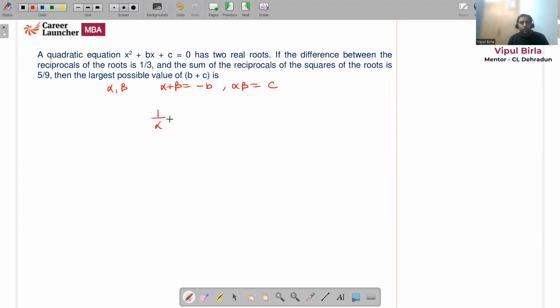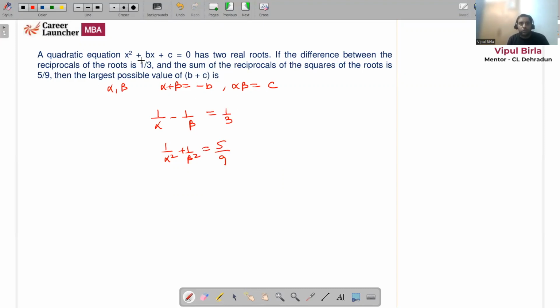So that means 1 by alpha minus 1 by beta is given as 1 by 3, and the sum of the reciprocal squares, 1 upon alpha square plus 1 upon beta square, is equal to 5 by 9. And now we are supposed to identify the maximum value of b plus c, right?